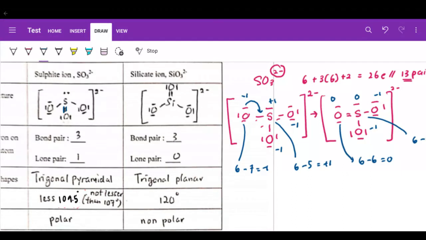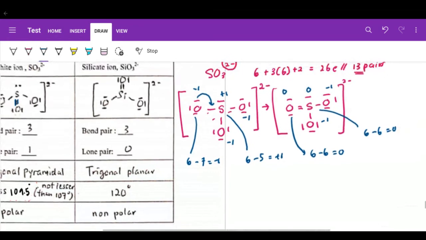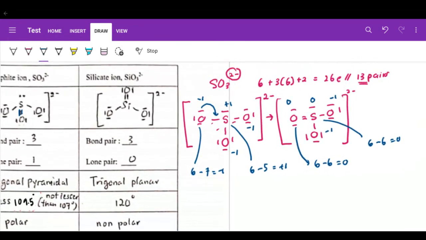Okay, next for the silicate ion. So for the silicate ion, this is the structure. For the silicate, you have to refer to your periodic table. Don't worry, for paper 2 you can refer to the periodic table.